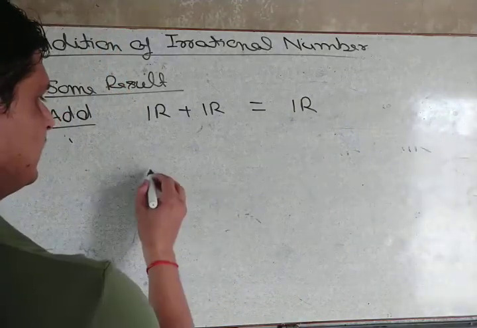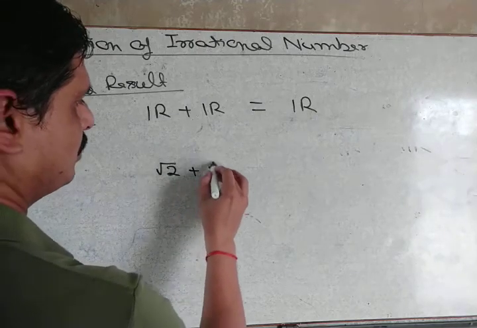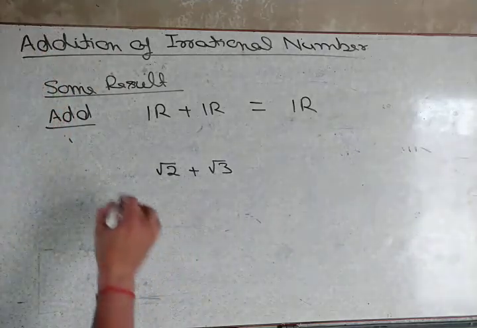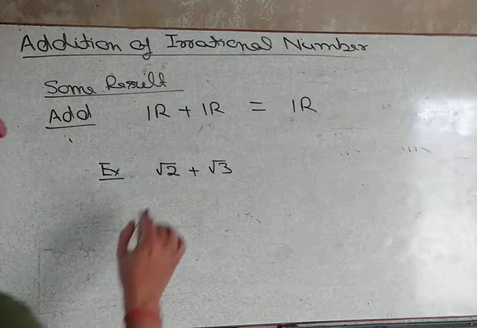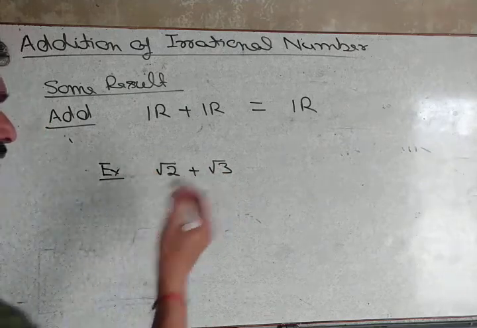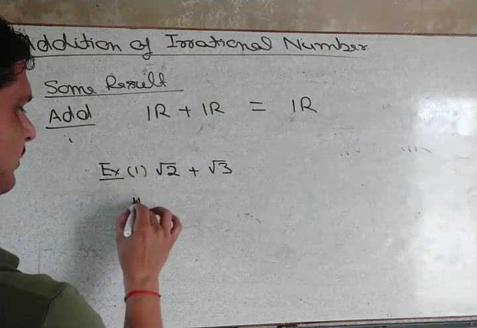Okay, let us see. When we add root 2 and root 3, then the answer is this. First example. This is an irrational number. Now, this is an irrational number. Second example.